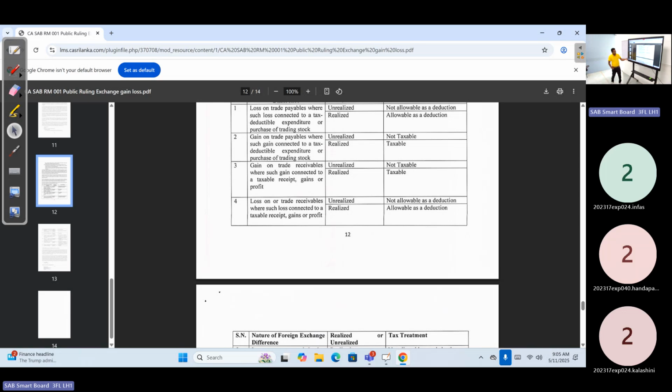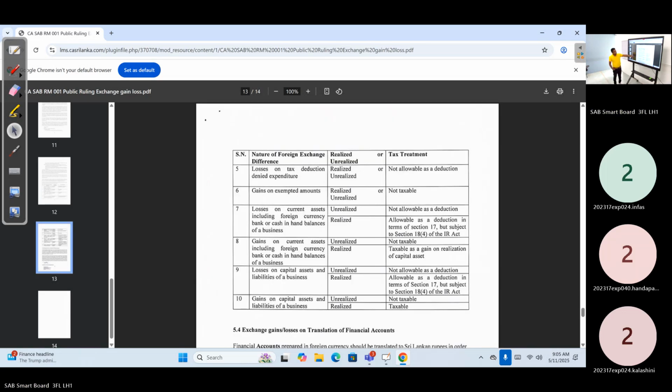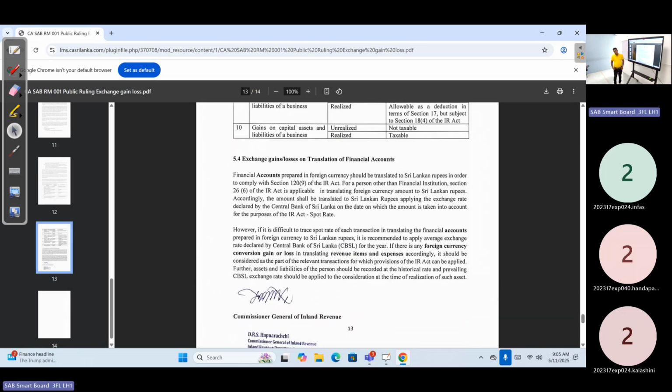The other thing it says is about preparing financial statements in a currency other than LKR, so how we should treat it. The main difference between these two is that in case of the income statement, we are not considering whether it is realized or unrealized. That is the difference. Okay. Right. You can read that public ruling.